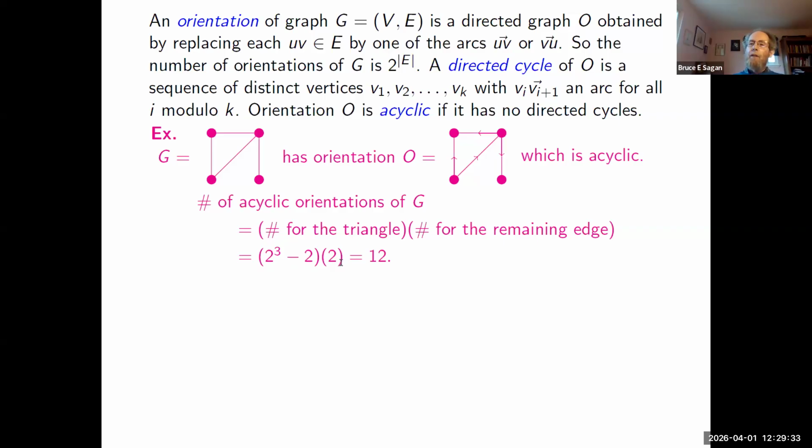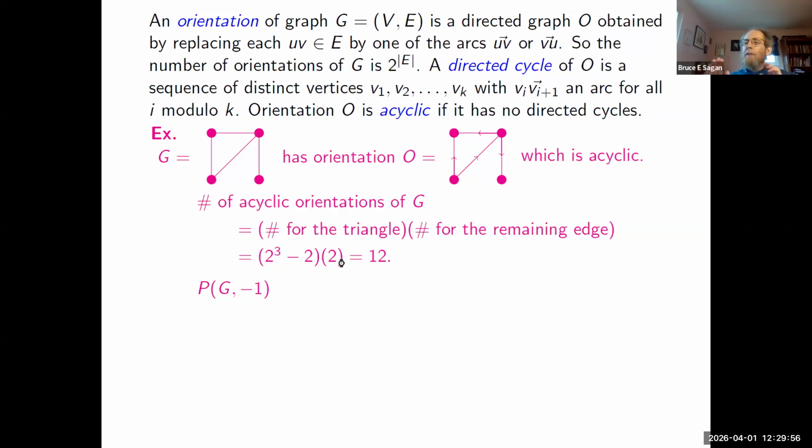Now I'm going to do something that's going to appear a little bit crazy, but just humor me. I'm an old man. So let's take the chromatic polynomial and plug in -1. Now what it means to color a graph with -1 colors, I have no idea.